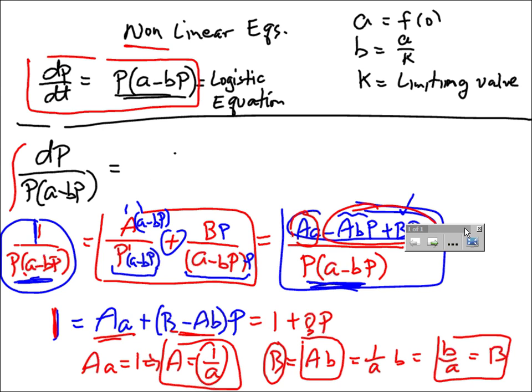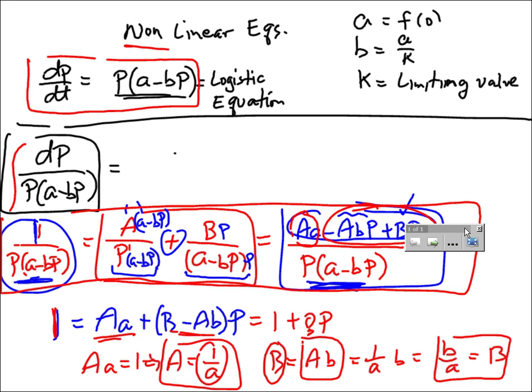So this here, factoring out the dp at the end, let's look at this line here: 1 over p times (a minus bp). We just learned what A and B are. A, which I'm erasing now, is 1 over a. B, which I'm erasing now, is b over a.